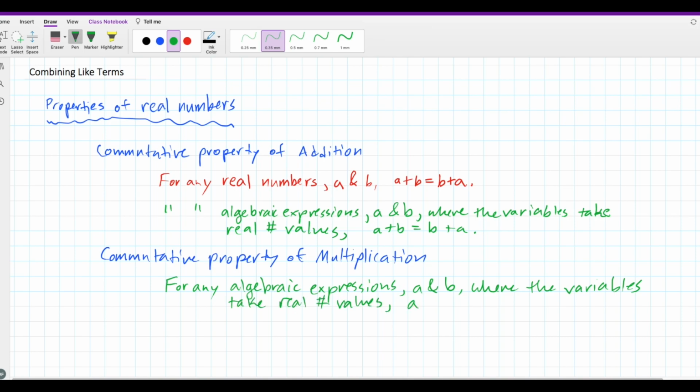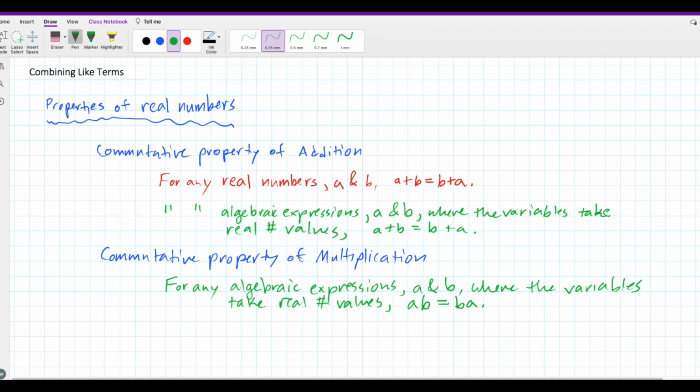So in this case, it's the commutative property of multiplication, so we get the same thing as before. You can change the order, but instead of addition, the property is multiplication. I do want to make a note of the fact that adding these together or multiplying these together might involve other operations, because these expressions could have all sorts of stuff inside of them.